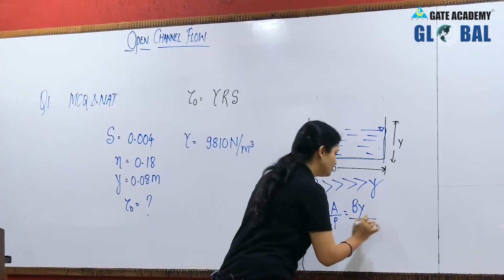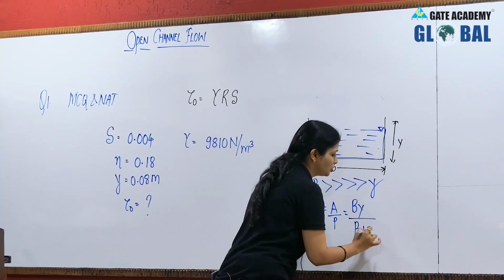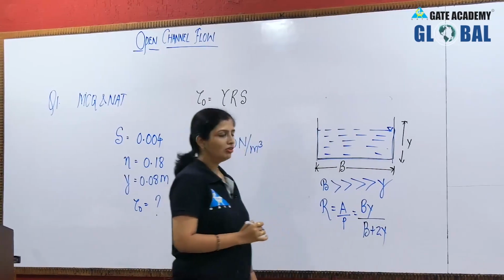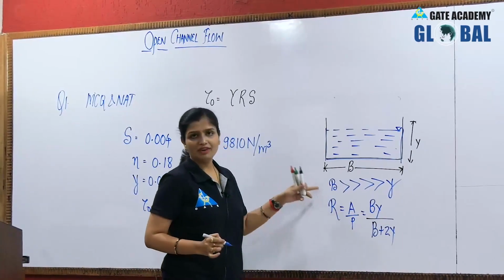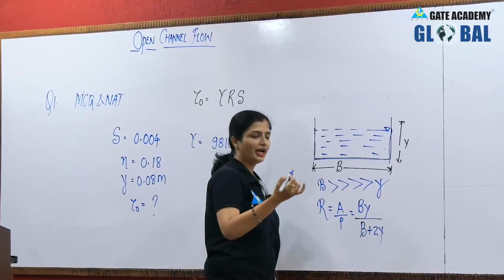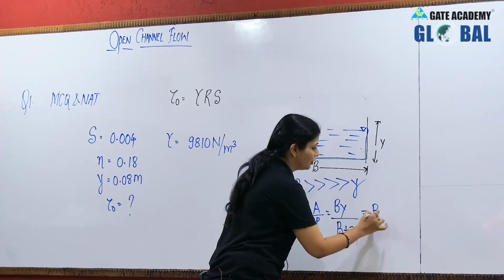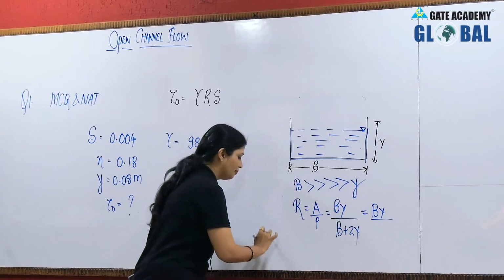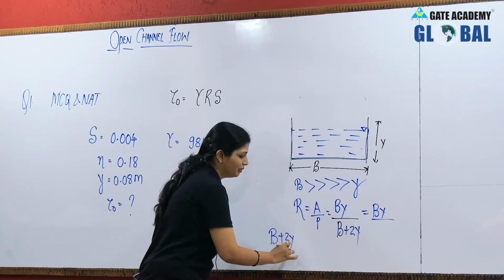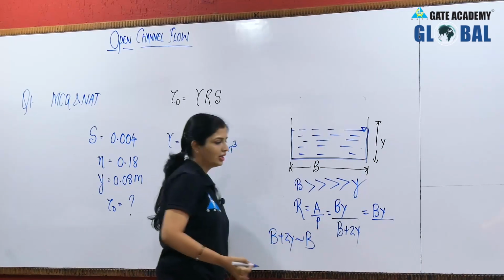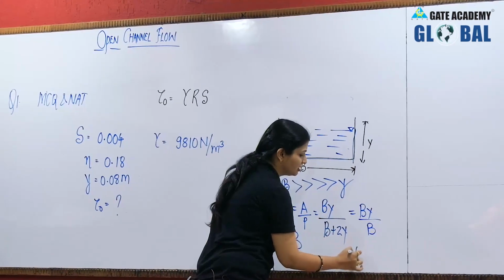So you can write it as B plus 2Y. Now if it is a wide rectangular channel section, B plus 2Y will be equal to B. So from here R is equal to Y.